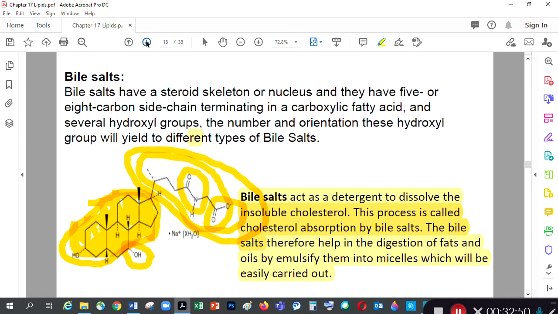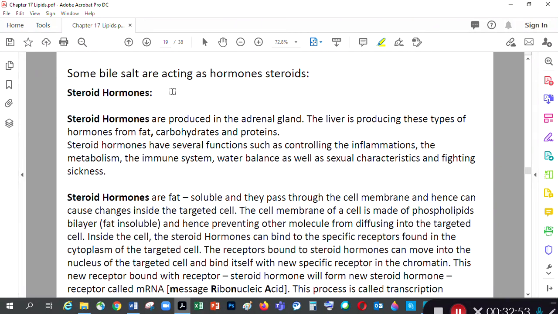Some bile salts act as hormone steroids. Hormone steroids are produced in the adrenal gland. The liver is producing these types of hormones from fats, carbohydrates and proteins, correct?